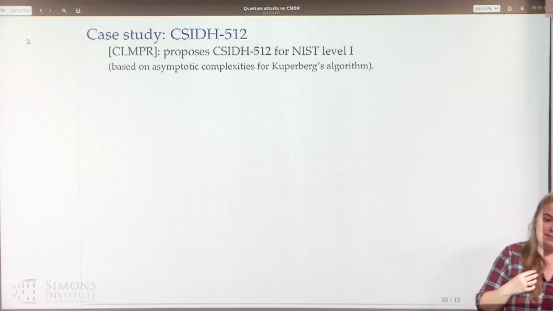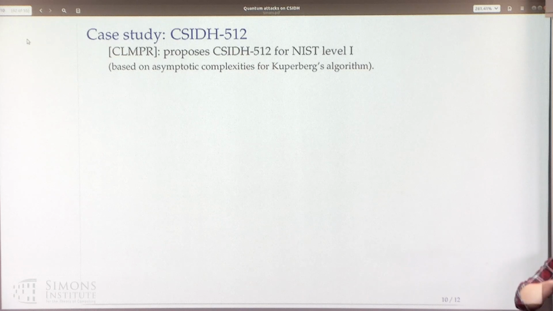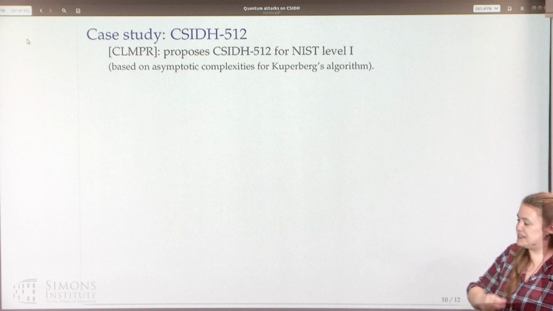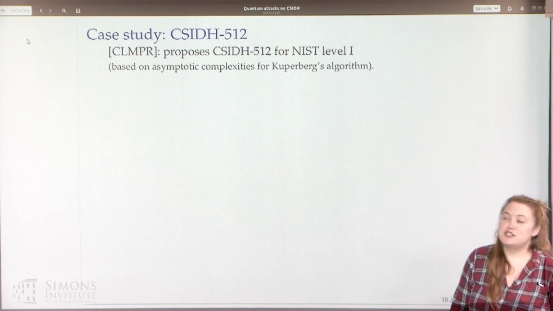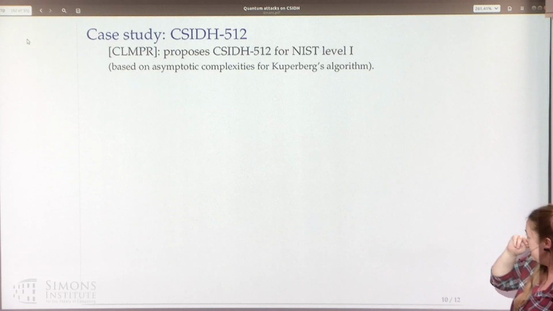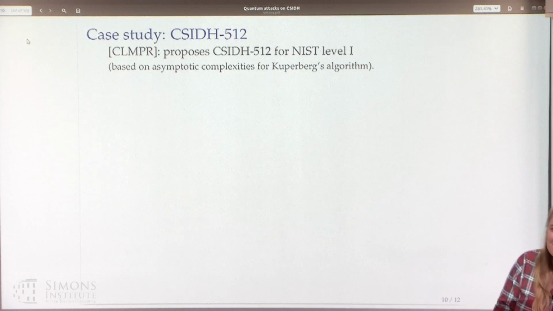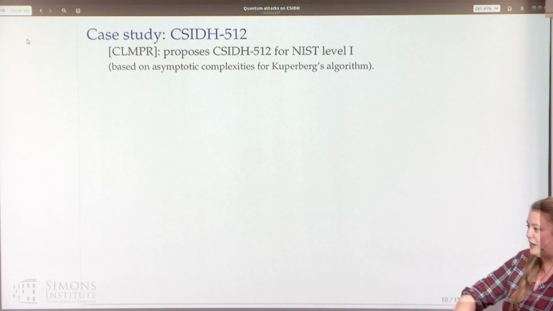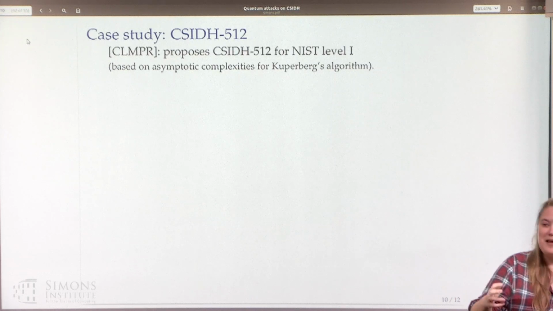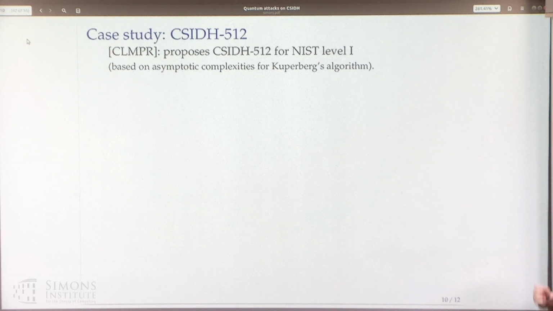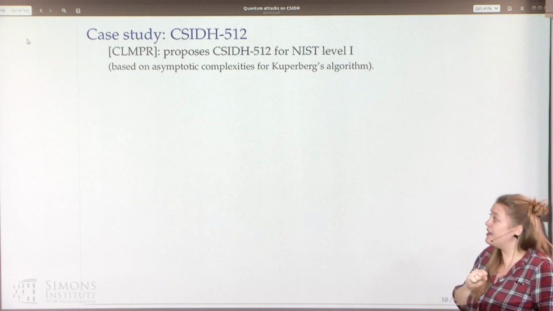In our original paper on CSIDH, we just took the numbers from Kuperberg's 2011 paper and said, this is the complexity approximately. We talked a little bit about the subtleties of memory and those sorts of things, but we didn't go into huge amounts of detail on what the complexity would be of the quantum algorithm, because that's a very subtle question, which has taken at least several papers since then to work out. So this is just based on those parameters as a place to start.